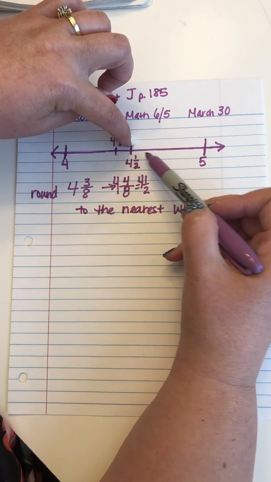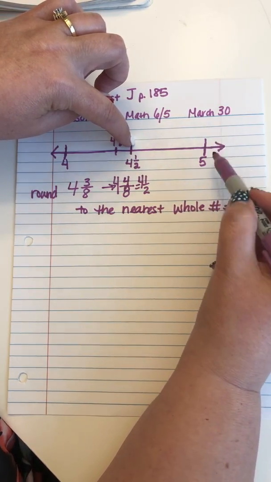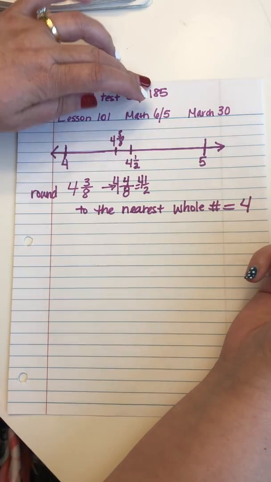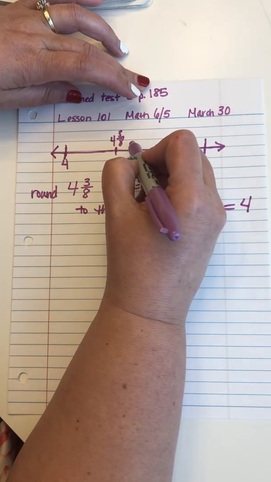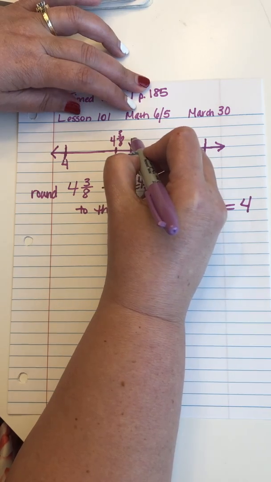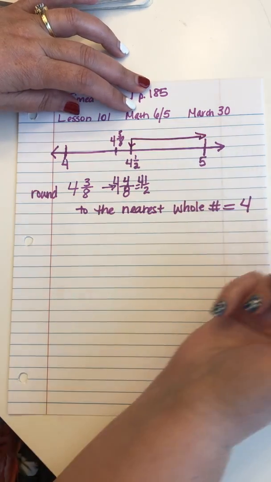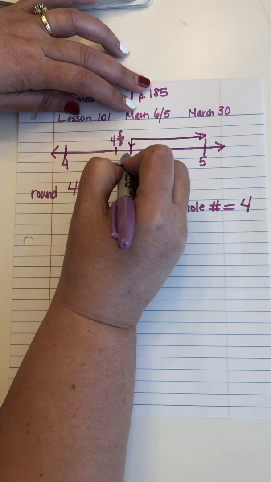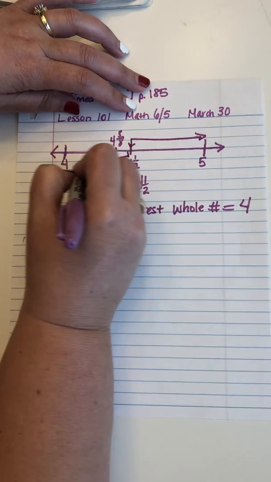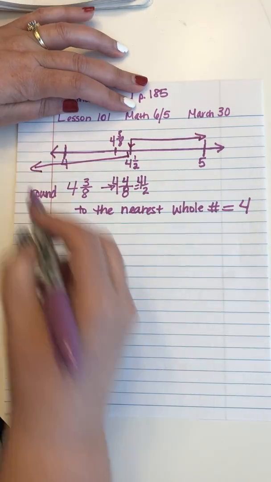Anything from 4.5 up to 5, you would round up.